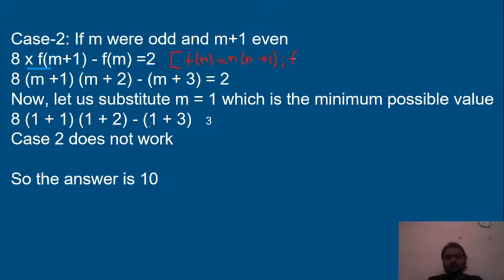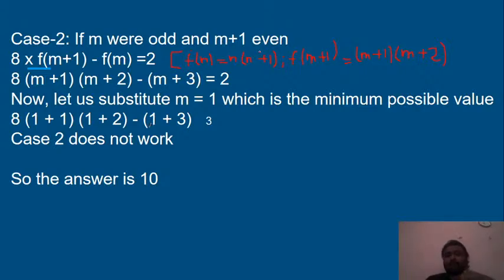So f of m plus 1 becomes m plus 2. Apologies, don't mind my writing. So see, f of n is equal to n into n plus 1 when n is even.